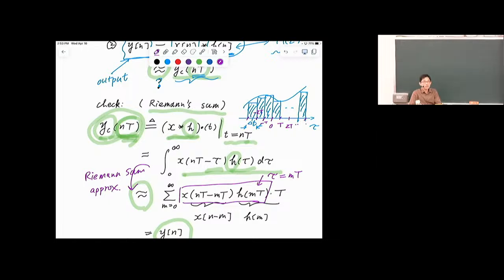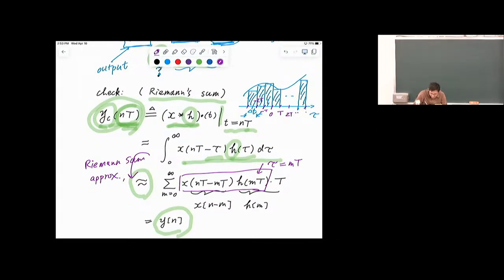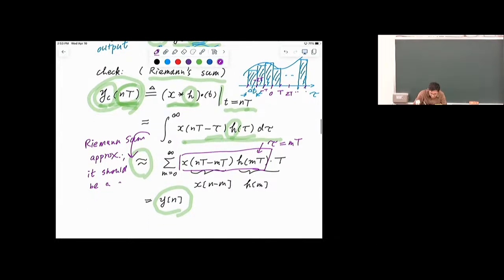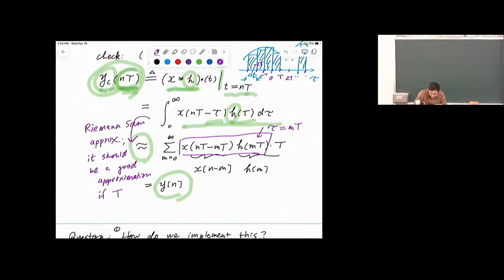Right? The approximation should be good. A good approximation if t is small. Okay?